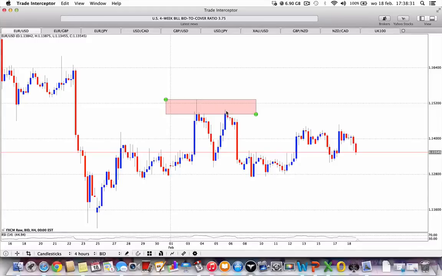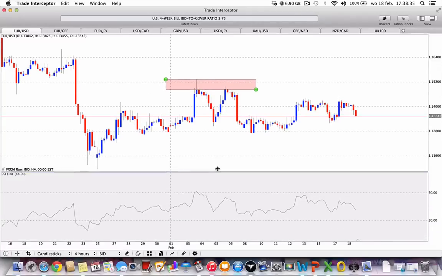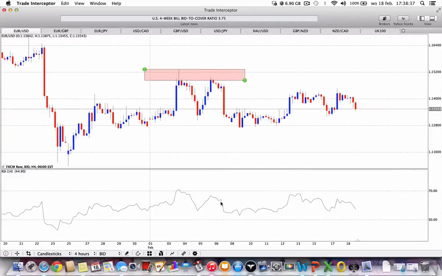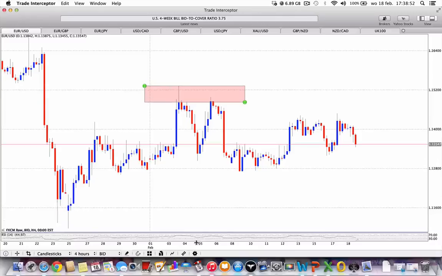But what also could have happened is that the markets went through this. So if I bring back my RSI, I can see that I had a confirmation: right here I have a double top, and here I would have my RSI divergence. But that's something more complicated.